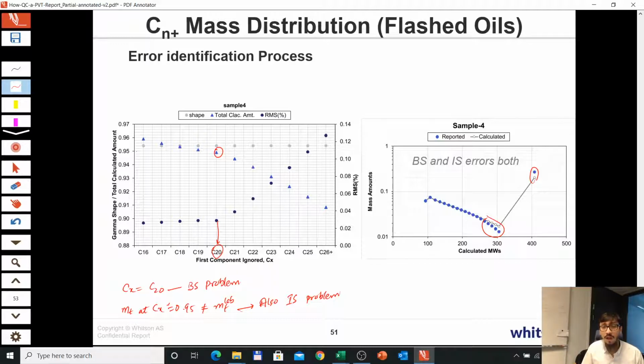And once you have that, when we are looking at these signatures, these are what you can call book examples, simple problems. But when you look at, for example, real GC data, these plots that we are making here for the error identification may look a bit messy.